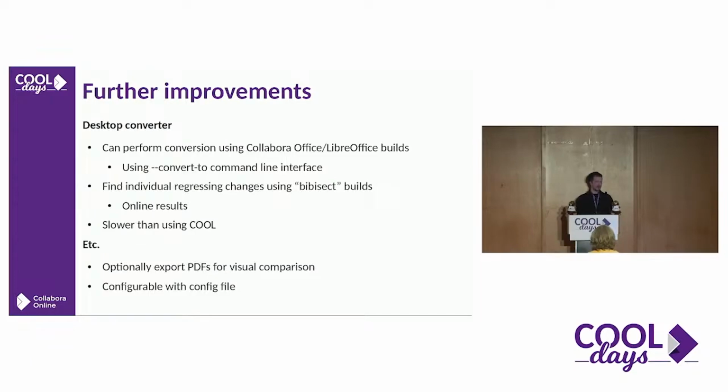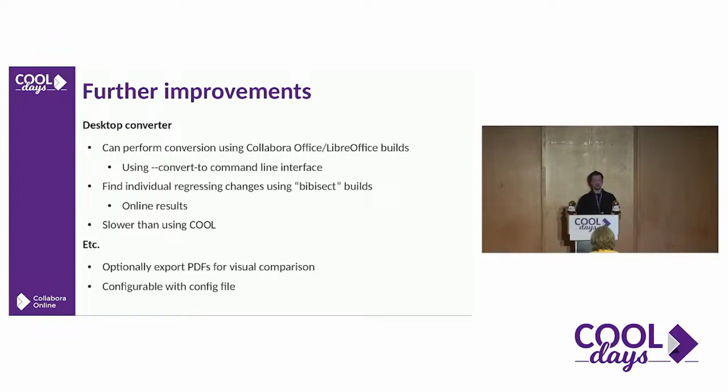There were some other improvements that were also useful. Now it can not only use the online convert-to endpoint, it can also use the convert-to command line interface with desktop CollaboraOffice or LibreOffice builds. These are all done in Windows because it's a C# program. You need Microsoft Office, so you need Windows builds for this. And the big importance here is that there are bibisect builds for LibreOffice and now for CollaboraOffice as well.